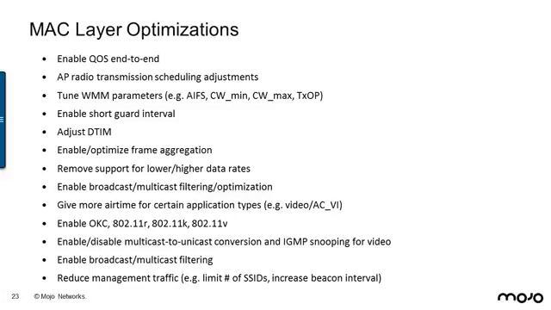But not all clients support that. So even if you enable those, keep in mind that you may still want to turn on smart steering, so that for clients that don't support k and v, you can still encourage those clients to use the best AP.